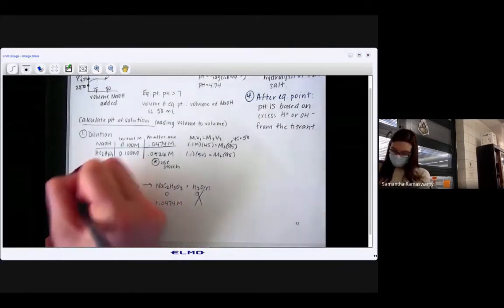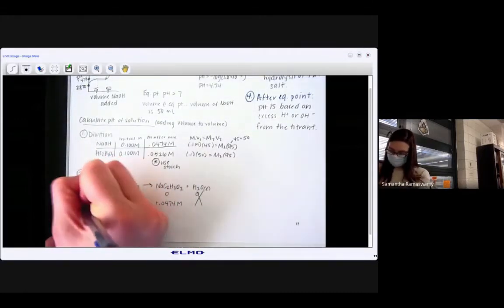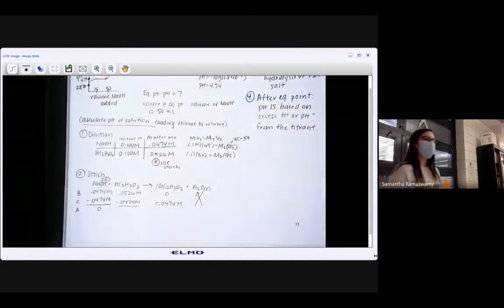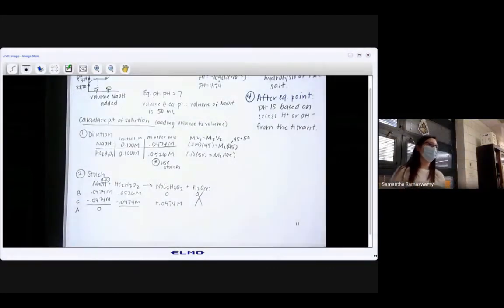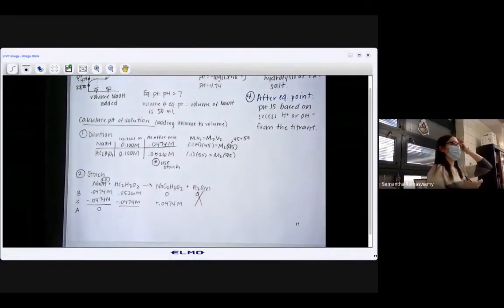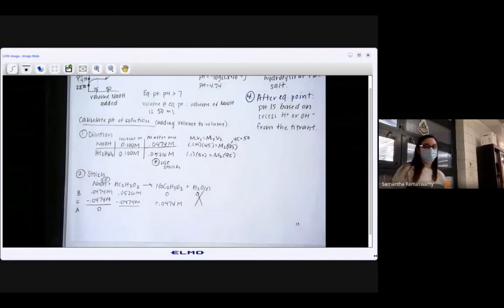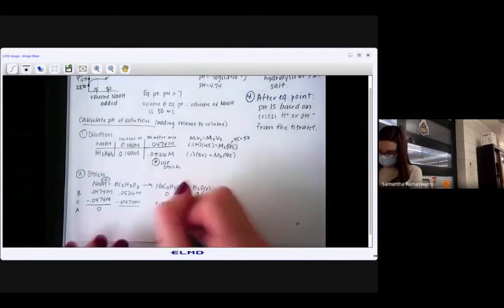Now this is stoichiometry. I've talked about this being called a BCA table before. Don't even need to give it names. B just means before the reaction, C means the change, A means after the reaction. It looks very similar to ICE tables. It's just another way to represent stoichiometry.